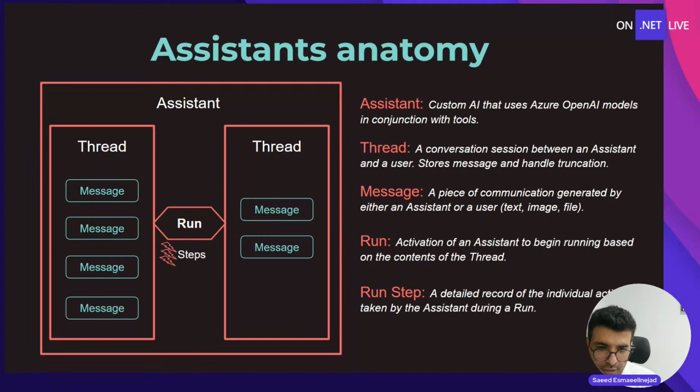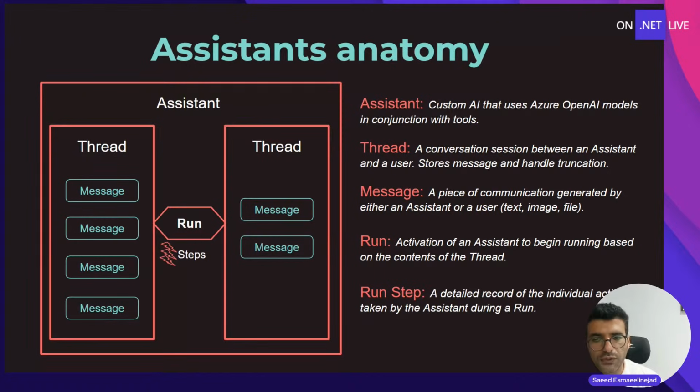But the run is doing its job asynchronously. So they will send back something asynchronously and just give the object of the run, saying, okay, you called me to run an assistant based on the thread. This is your object.